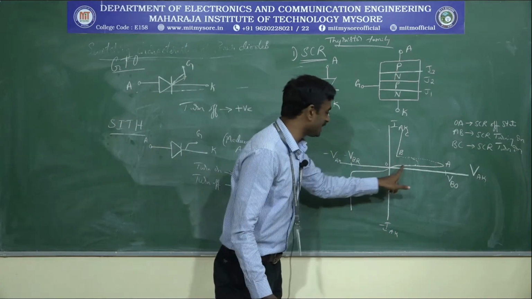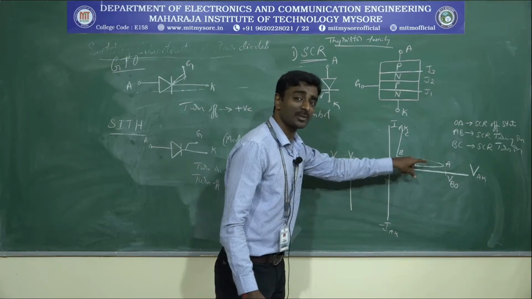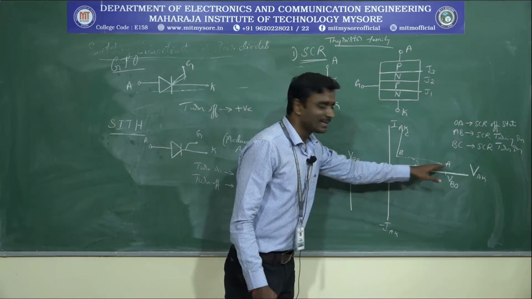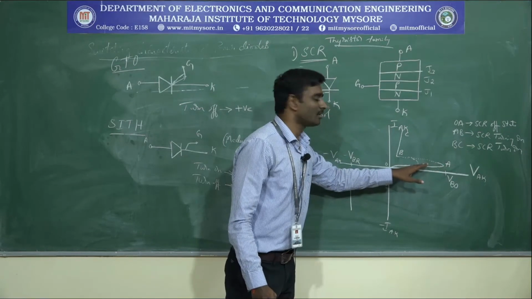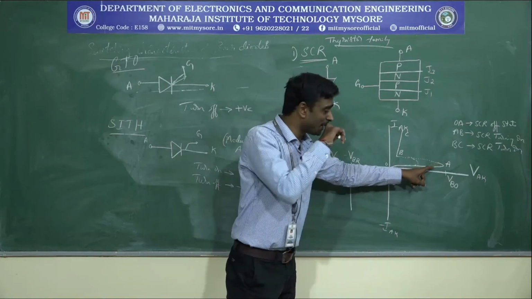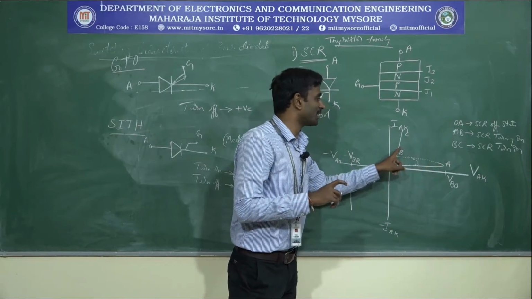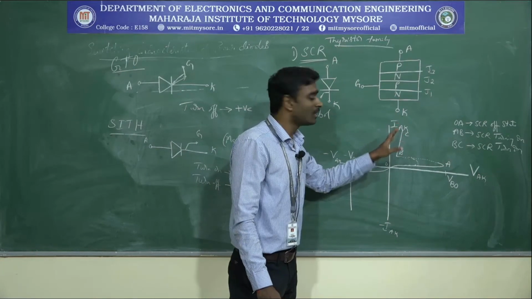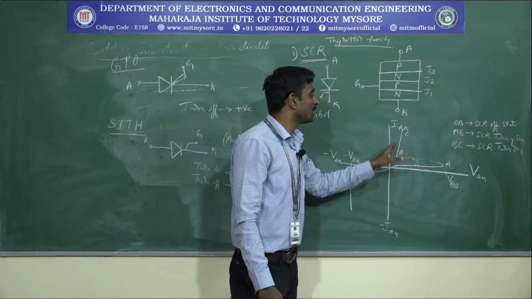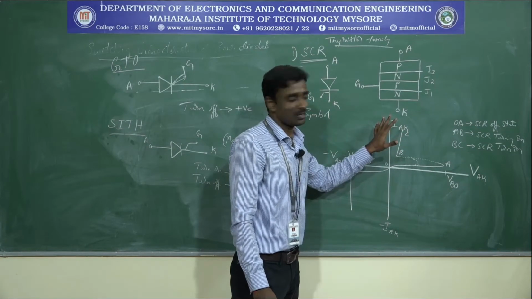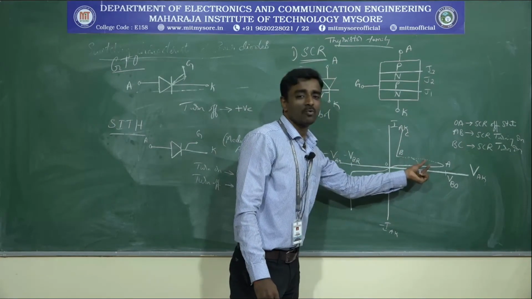In the forward conduction mode of SITH, your voltage increases while the current remains off. When it reaches the forward breakover region, it triggers, and conduction starts in the forward direction at that voltage level.